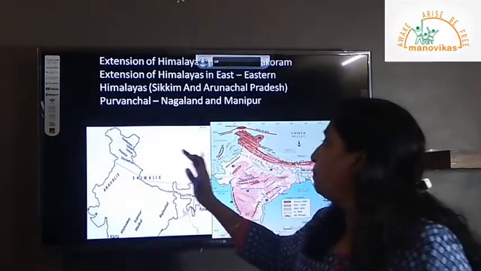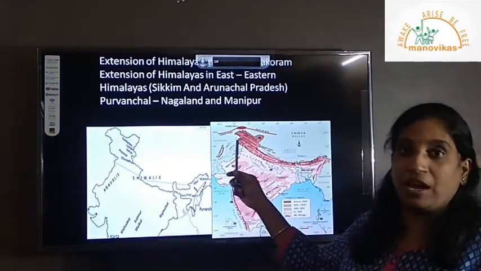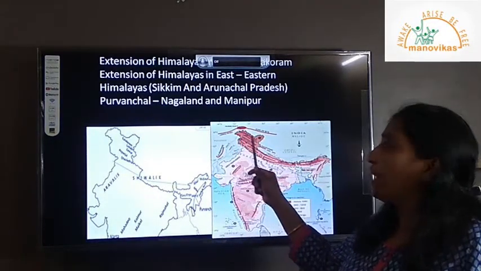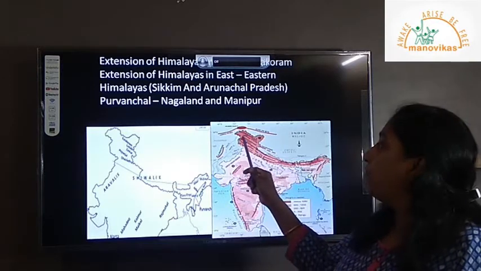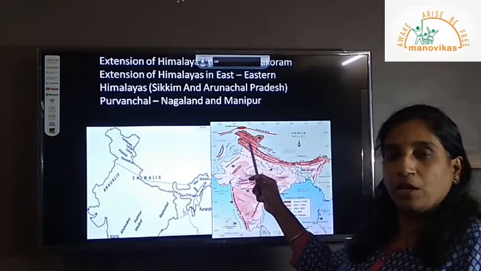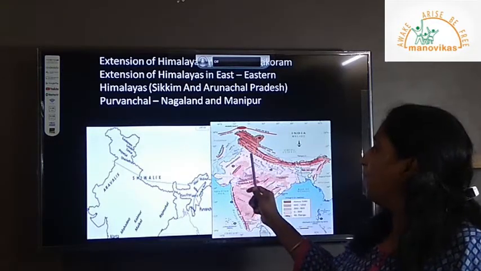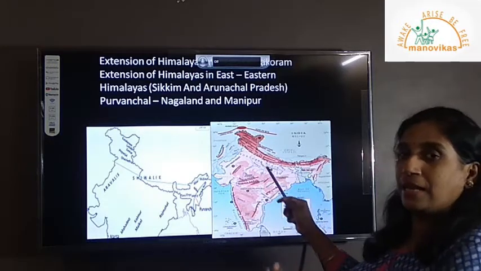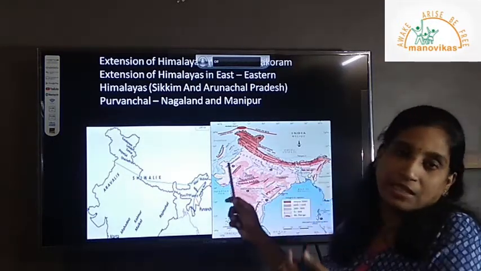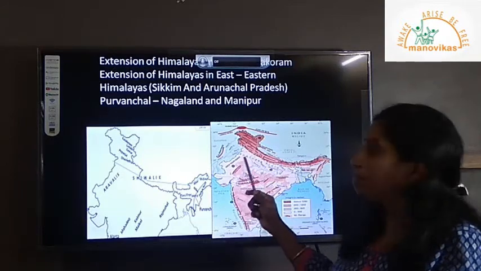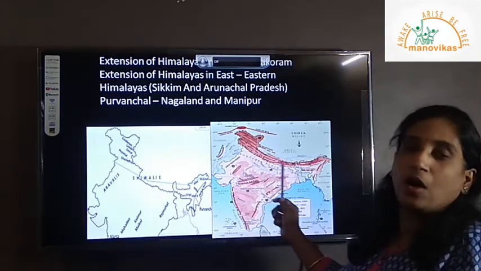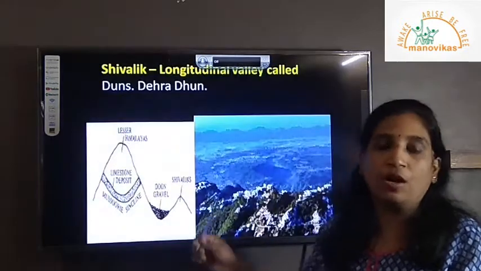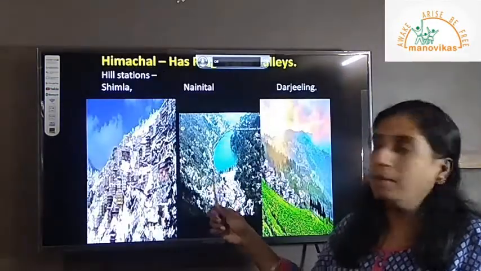So you can see here the picture of the Himalayas, students, what I have explained. This is your Himadri, the topmost range. In between, you have the Himachal range, and at the base, we have the range which is called Shivalik.